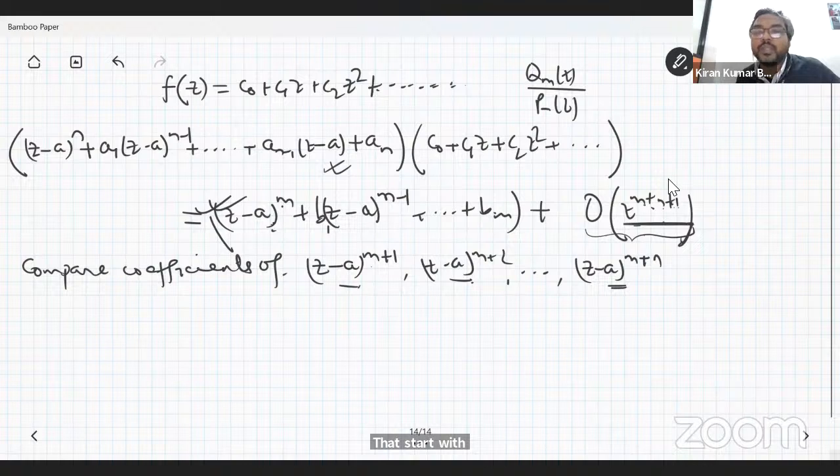So if you compare the coefficients on the left hand side, you will get a system of equations.